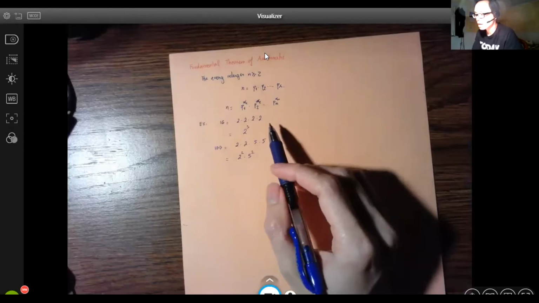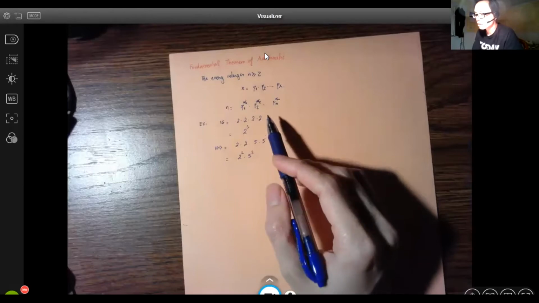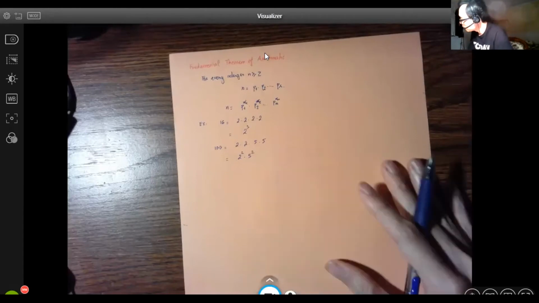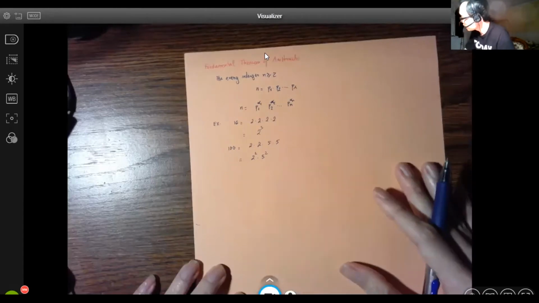They never say to use the second principle of induction to prove the fundamental theorem of arithmetic, but the question is always like this.